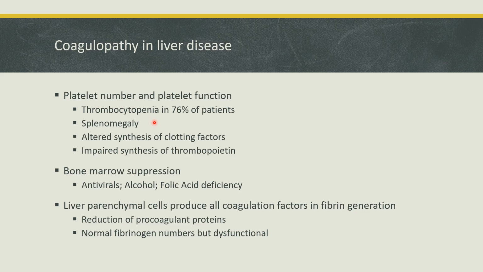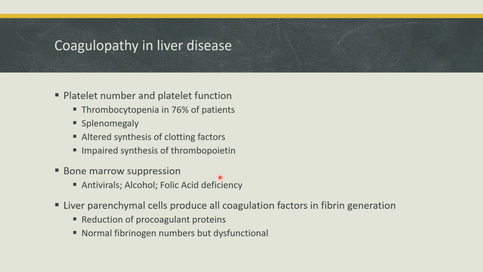And then our liver is one of our sole organs that make our clotting factors. So we're going to have an impaired synthesis of thrombopoietin, which is used to stimulate our bone marrow to make more platelets. We see thrombocytopenia in over three-quarters of our patients.